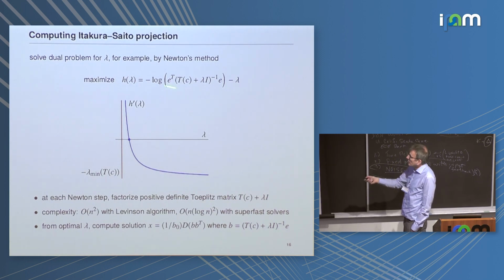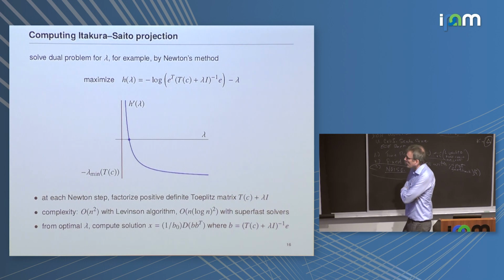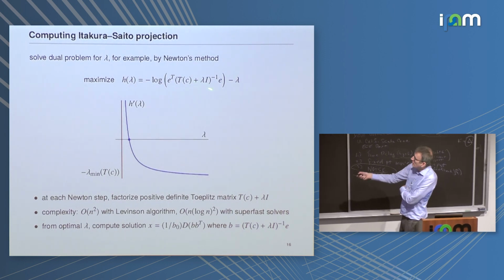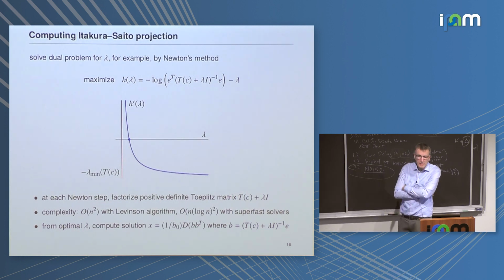At each iteration, you have to compute the gradient, the derivative and the second derivative of this function h. And that can all be done from a factorization of a positive definite Toeplitz matrix. So at each iteration, you have this Toeplitz matrix T of C. You add a multiple of the identity that makes the resulting Toeplitz matrix positive definite.